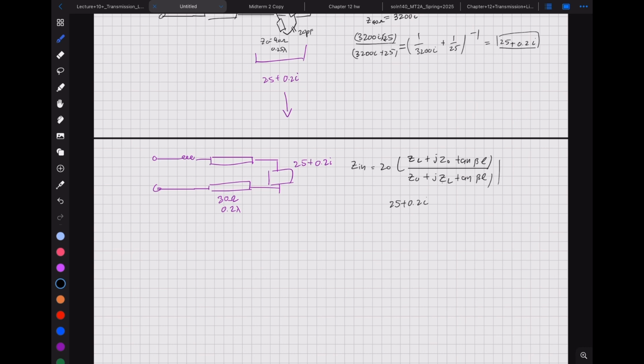And for the tan beta lambda, it's just 0.2 times 360. So that's going to get us an angle of 72.